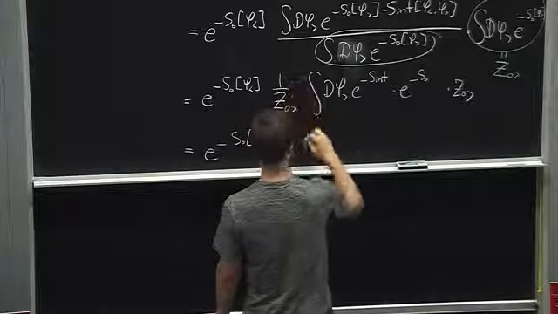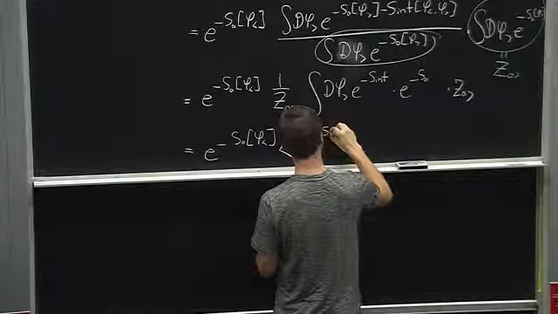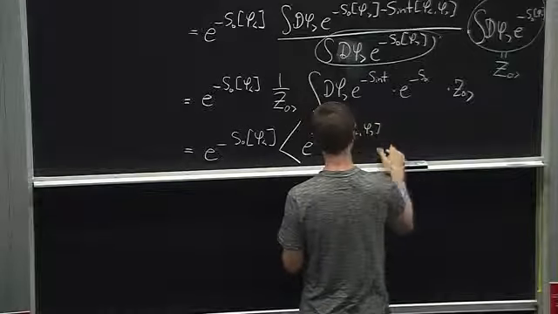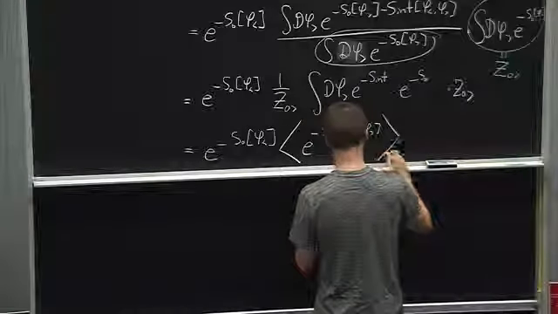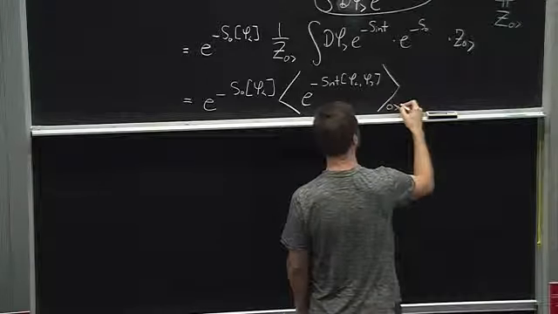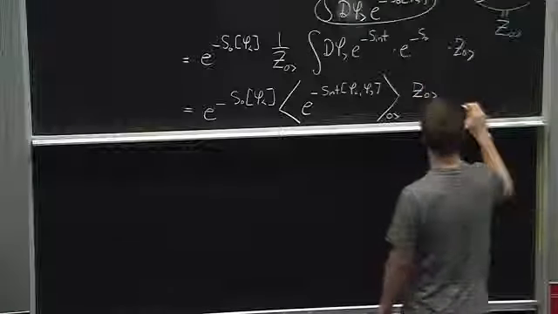So this piece, I'll write as the expectation value, Gaussian and fast.